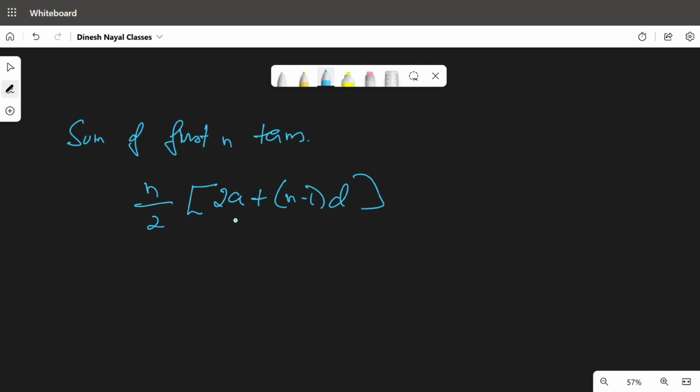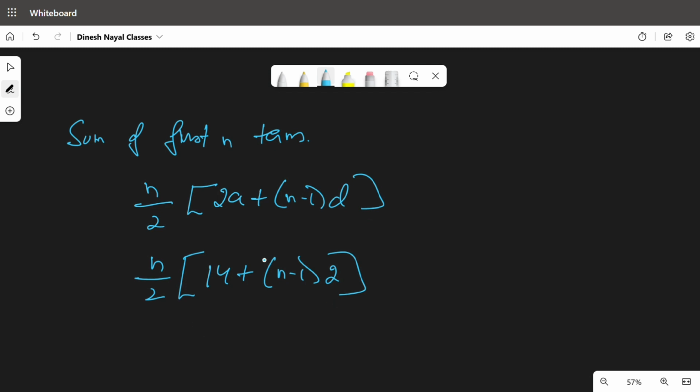I am writing the formula first. Now we know that a is 7 and d is 2. So n will remain as n, and 2 into 7 is 14, plus n minus 1 times d, which was 2.